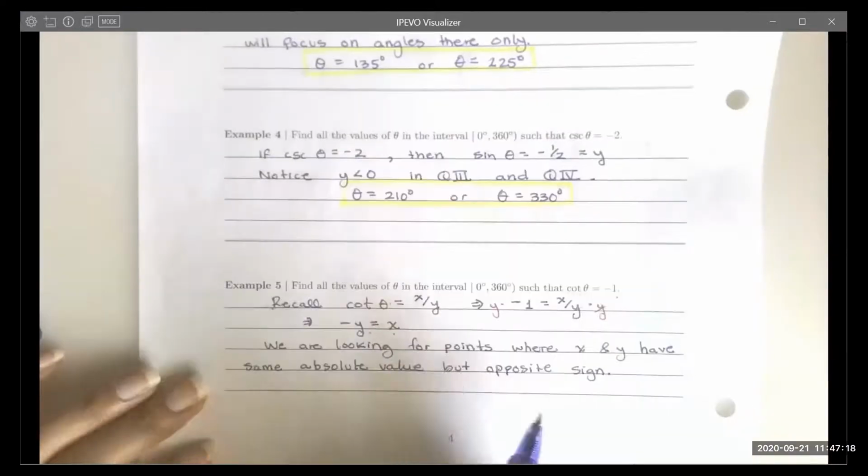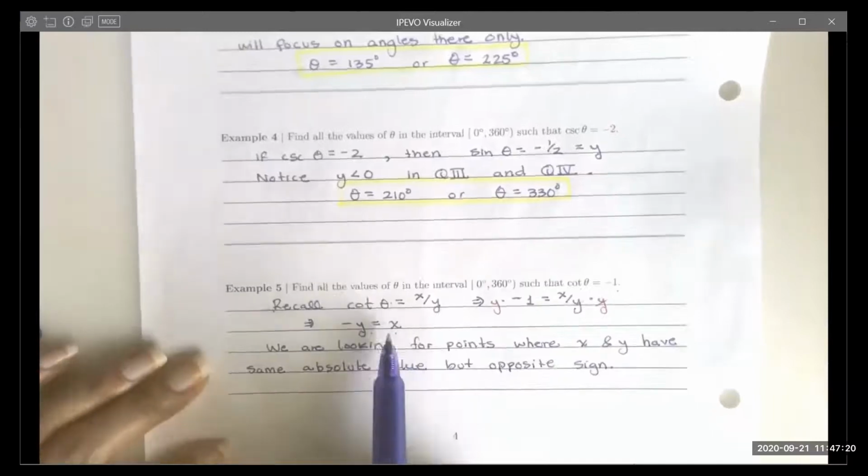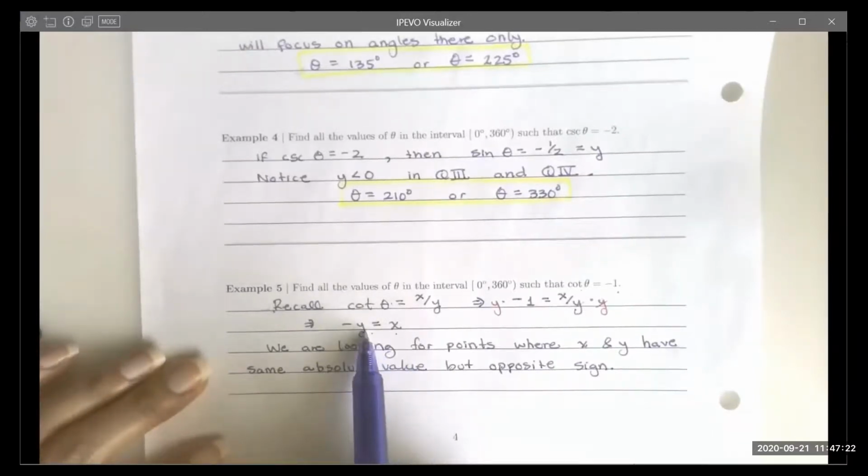And what does that mean? Well, for example, if y is 3, then x is -3. If y is -5, then negative times -5 would give us +5, so x is +5. So they're going to have the same absolute value, but opposite sign.